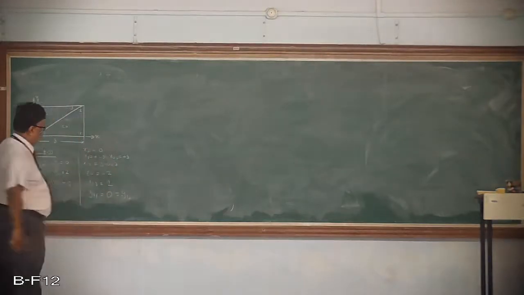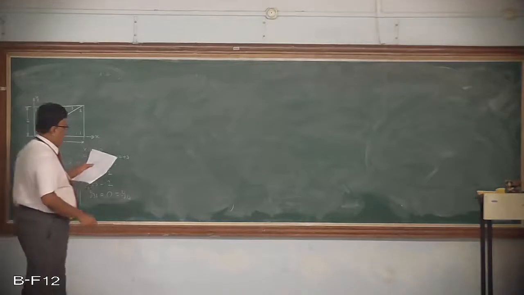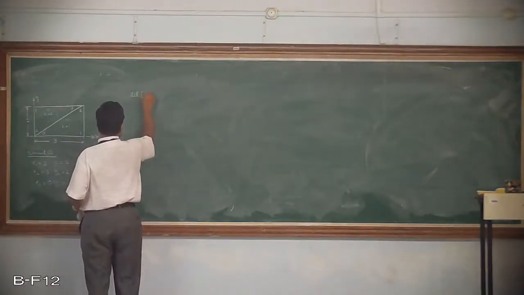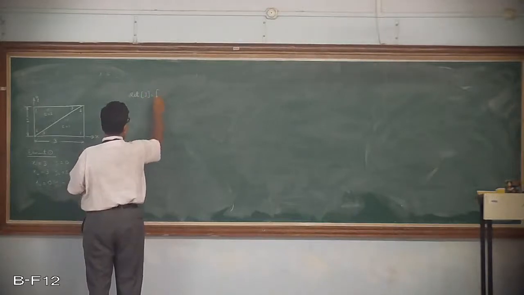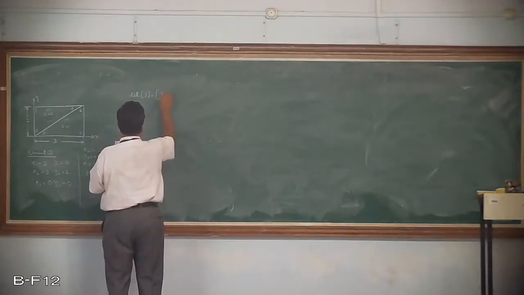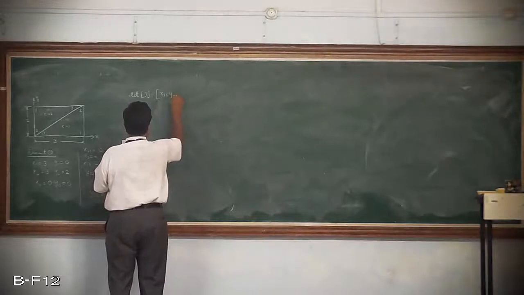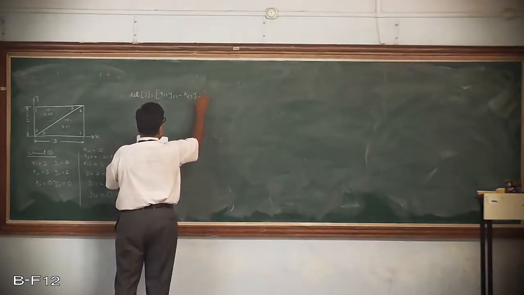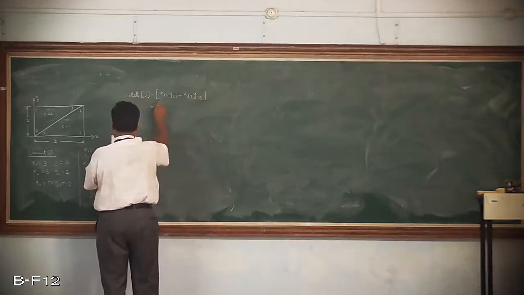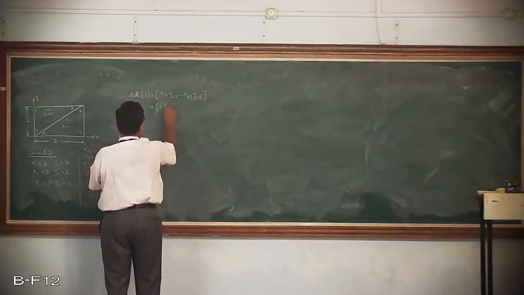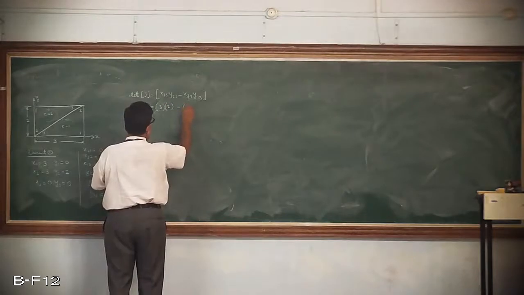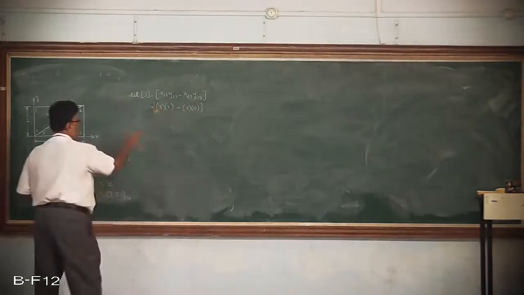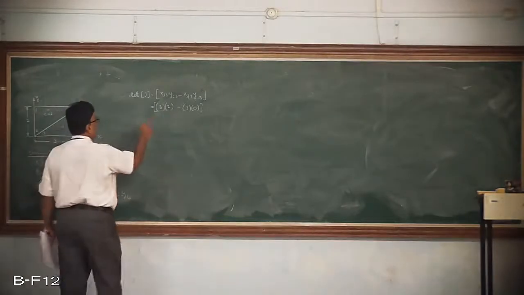So once you know all these values, find out the determinant now. Determinant of J, if I want to find out, it is x13 y23 minus x23 y13. Look at this figure, this is 3, this is 2, minus 3 into 0. If you look at coordinates, these are the same. So automatically that is 0.